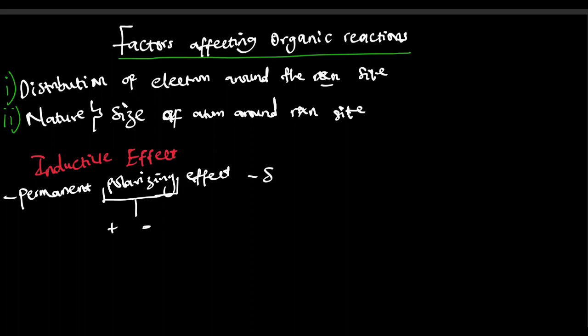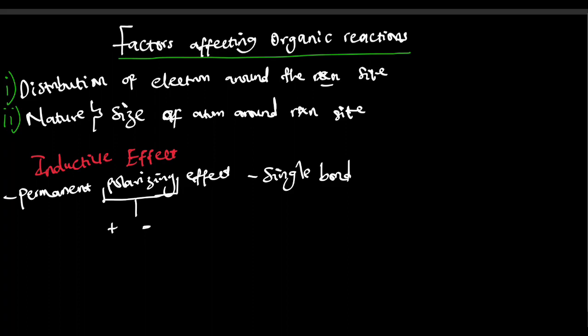It is a permanent polarizing effect in single bonds, so this is peculiar to single bonds. The effect is caused initially by a covalent bond between atoms of different electronegativity. So whenever we have adjacent atoms of different electronegativity values, an inductive effect occurs, most especially when it is in a single bond.